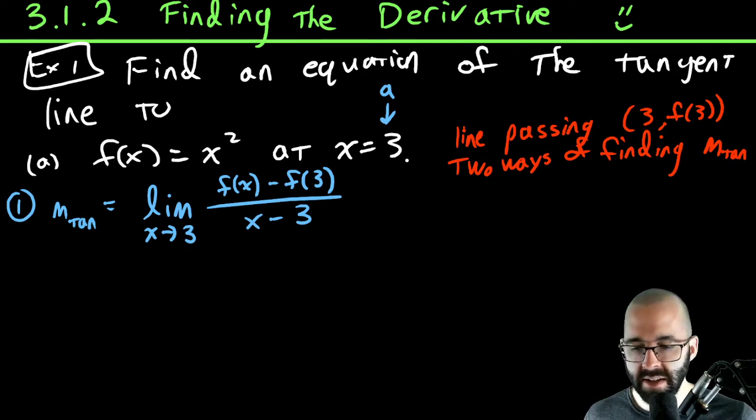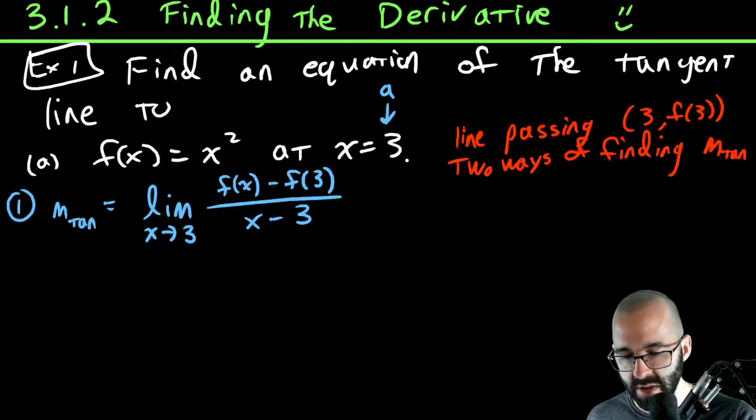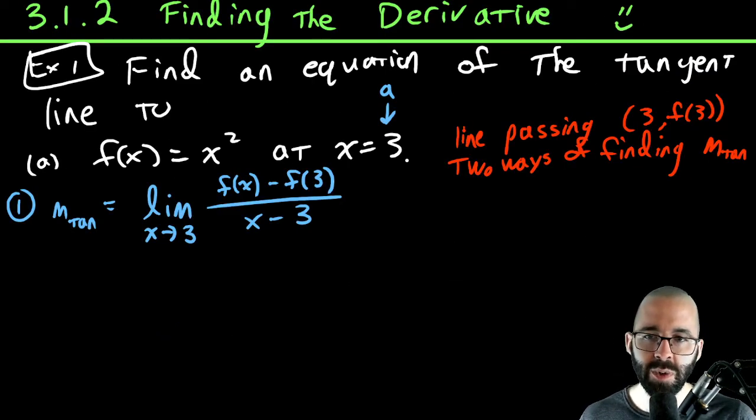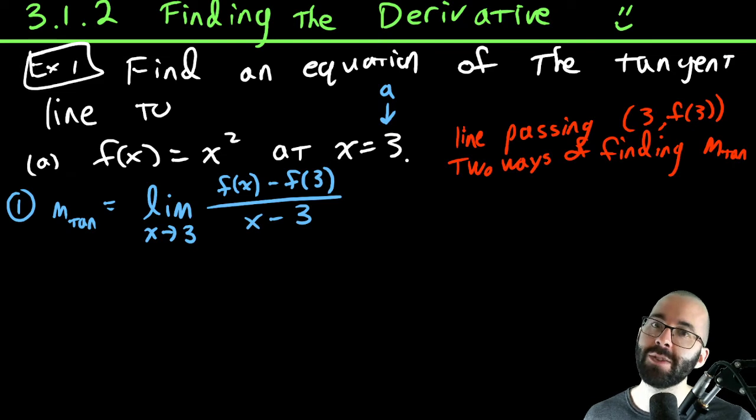Now you might say, all right, this is a rational function. Well, you wouldn't really be right. Oh, actually, you would turn out to be right.